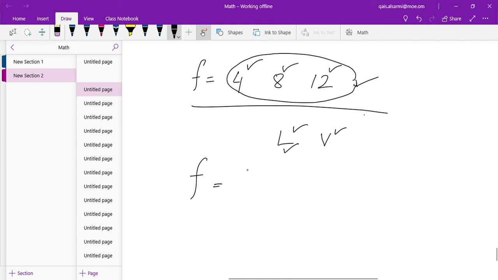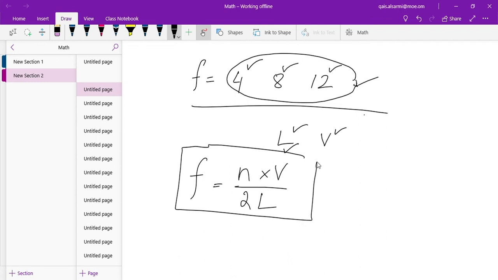If I combine all those three equations, I can write a general form for the frequency as n times v over 2L. So this is the general form of the frequency for a standing wave for any mode of vibration.